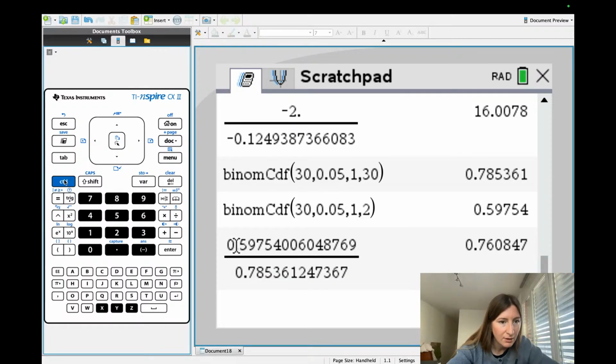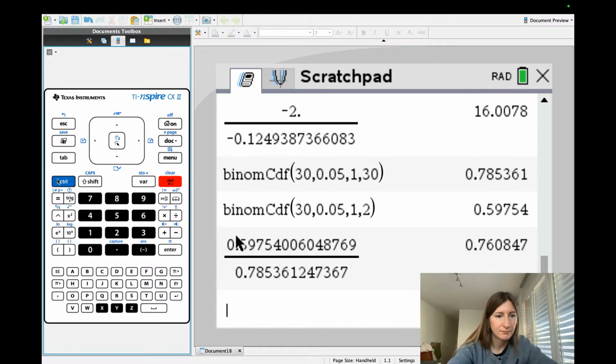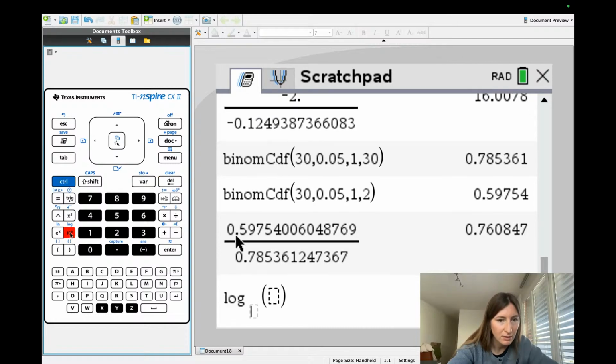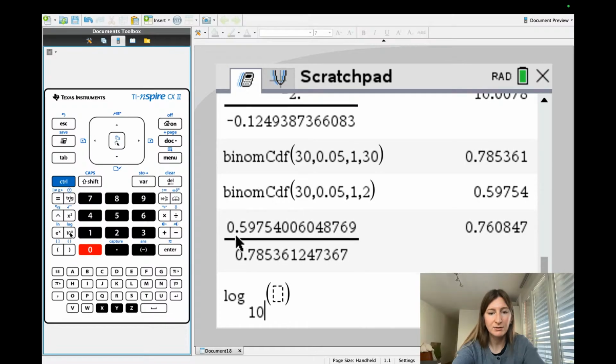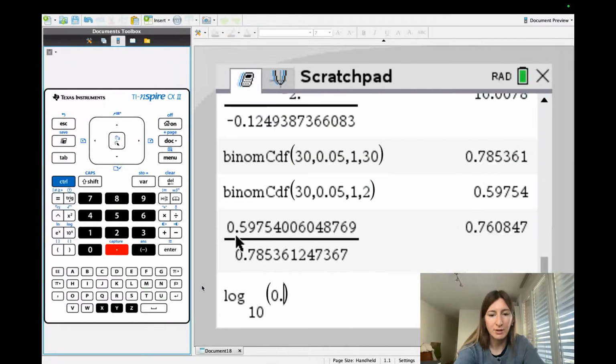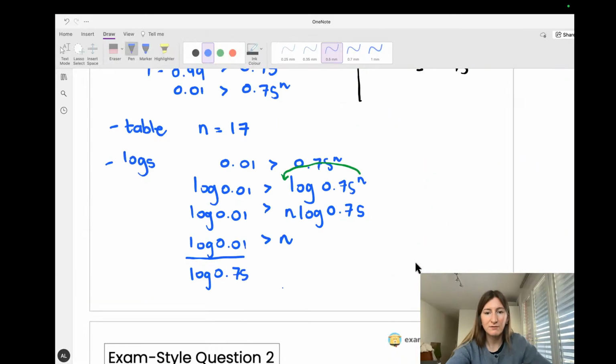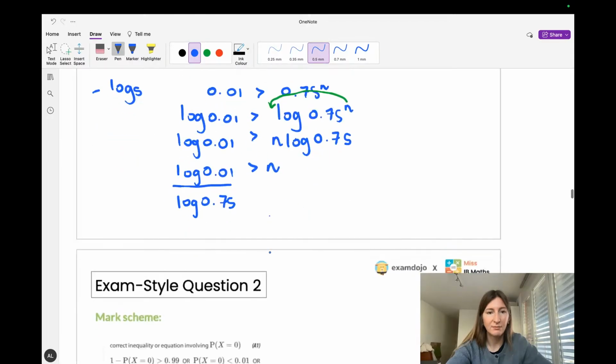So I want control log. There we go. They haven't said a base, so we assume base 10. If they haven't said what base, it's base 10. Log 0.75. Look at that. It is negative. Okay. So we've just divided by a negative. That means we have to change the sign the other way around, because we divided by a negative. So it becomes like that.